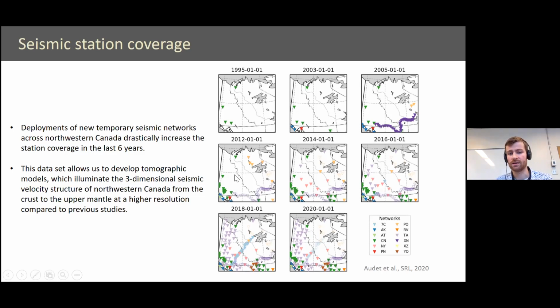You see that in the last 6 years, there was a rapid increase in station coverage with, for example, the US RTA stations, the light purple triangles, the MMP transect, and Pascal-Odé's network, which are represented by these triangles across the Cordillera, among others. This data set allows us to develop tomographic models which illuminate the 3-dimensional seismic velocity structure of northwestern Canada at a higher resolution compared to previous studies, from the crust to the upper mantle.